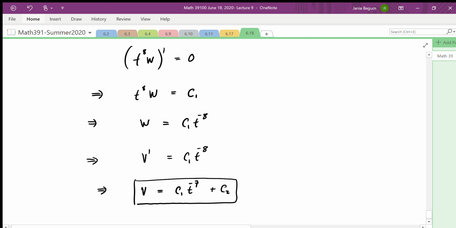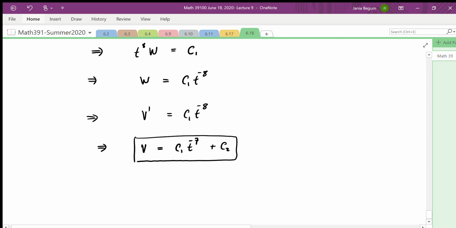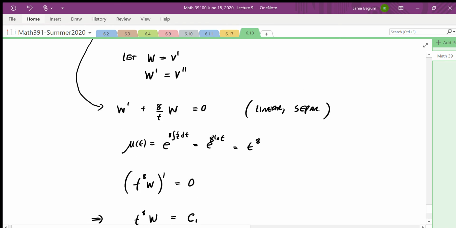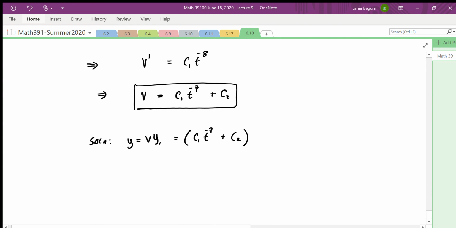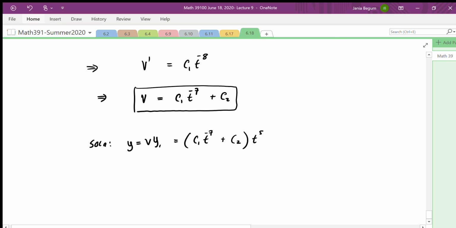But that's not the second solution, right? We have to write out the general solution, and then from there we pick which one is y1, and the other one would be y2. So we know our solution is going to be y equals v times y1. Well, v is this function we computed, C1 t to the negative 7 plus C2. What was y1? t to the 5th. So let's multiply this by t to the 5th.